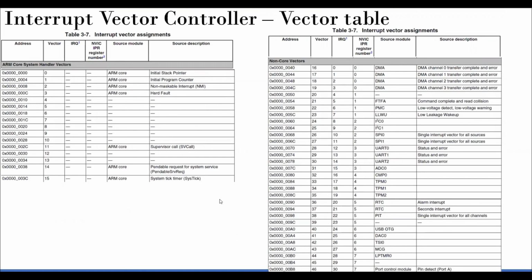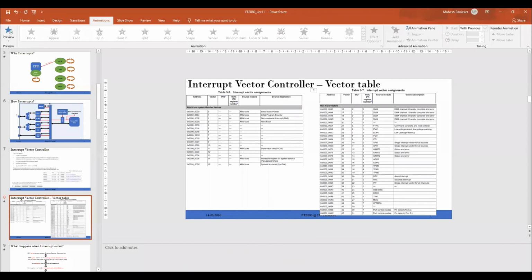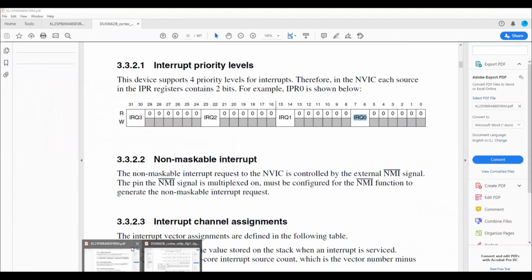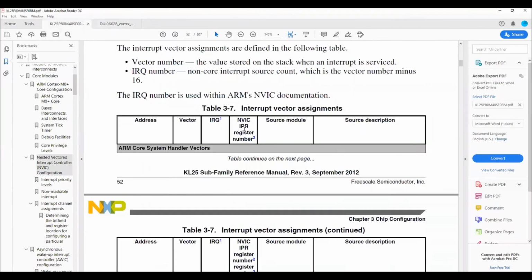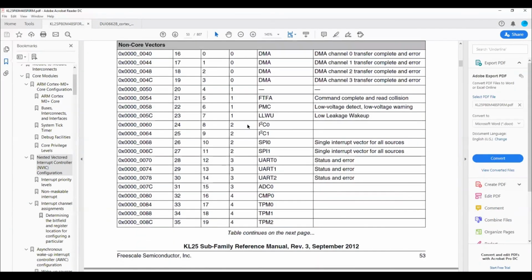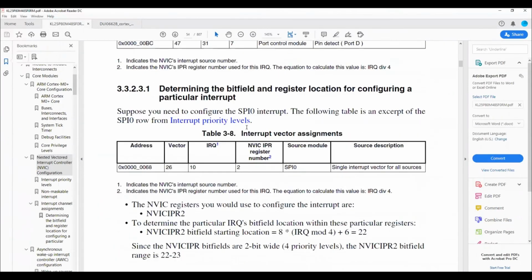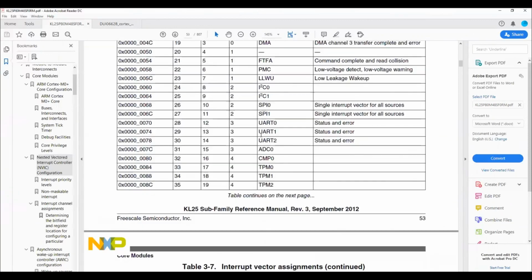Okay. Now I want to help you out a bit, as maybe some of you find this complicated. This is the entire list that I copied into the PowerPoint. Suppose you need to configure the SPI0 input. The following table is an excerpt from here.